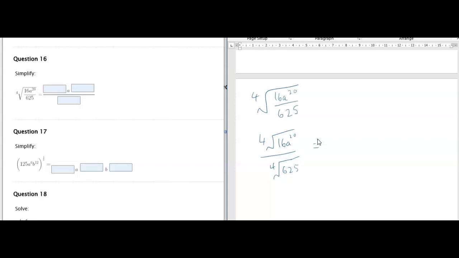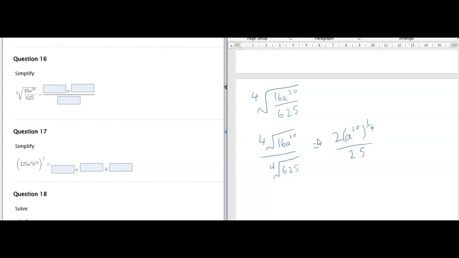Okay, so this is a tricky one. What number when multiplied by itself 4 times gives you 16? That's 2. And then we have a to the power of 20, and that's to the power of a quarter, so we'll do that part separately. And then what number multiplied by itself 4 times gives 625? Is it 25?